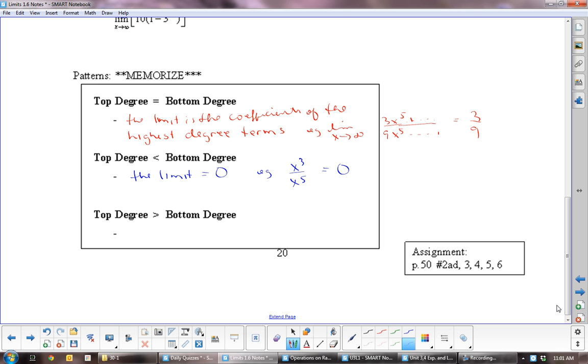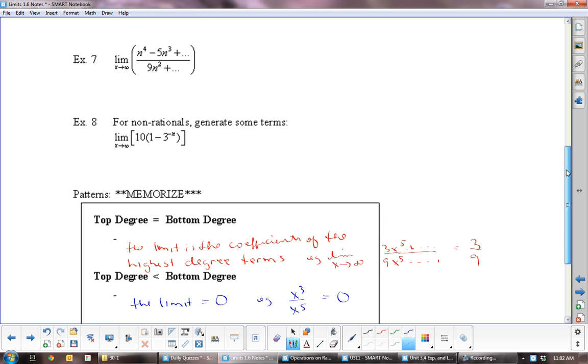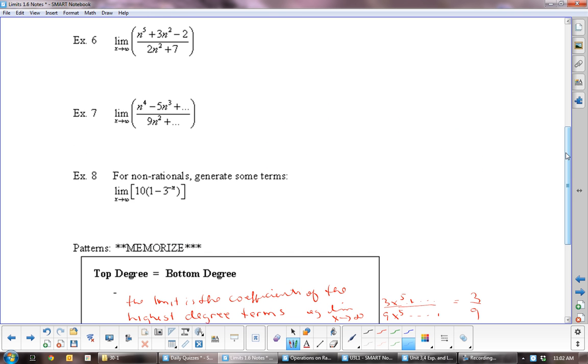Okay, now let's do example 7, because example 7 will illustrate the last one. But we've been focusing on the biggest degrees of each. So n to the 4 over 9n squared.